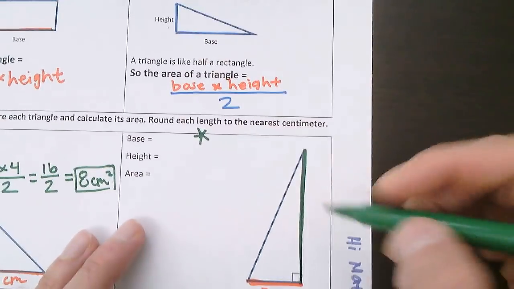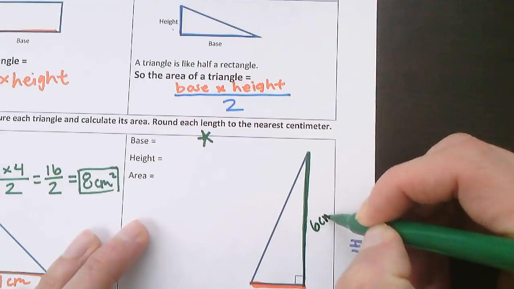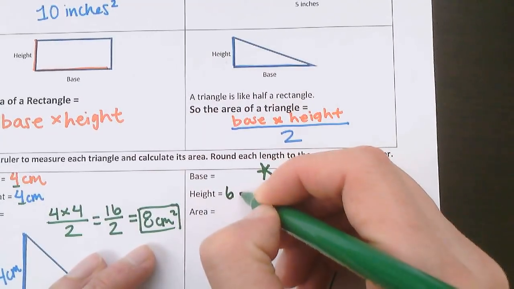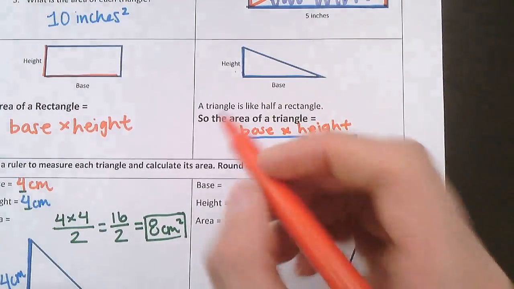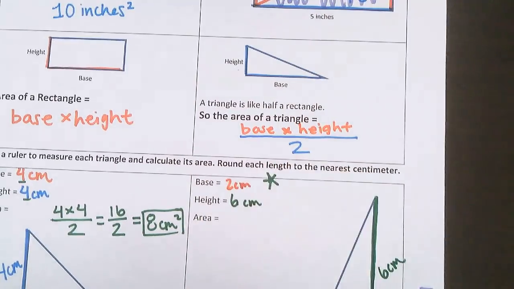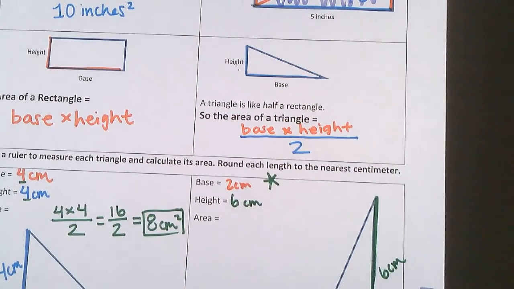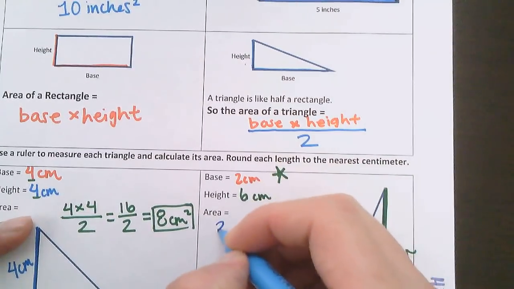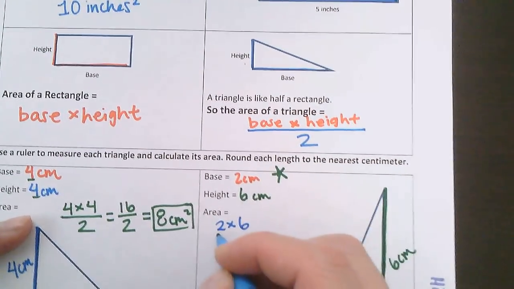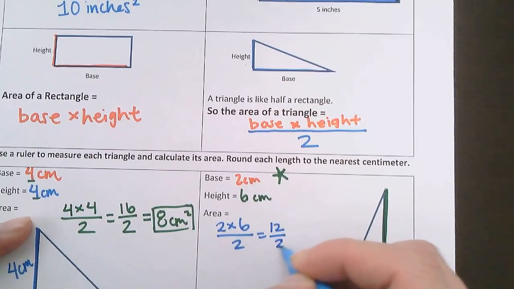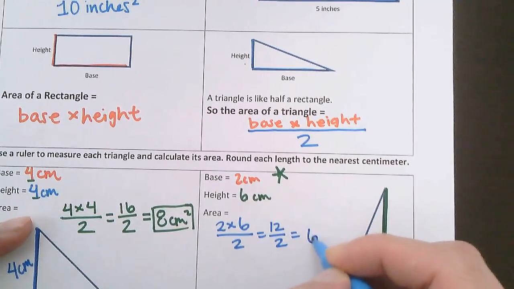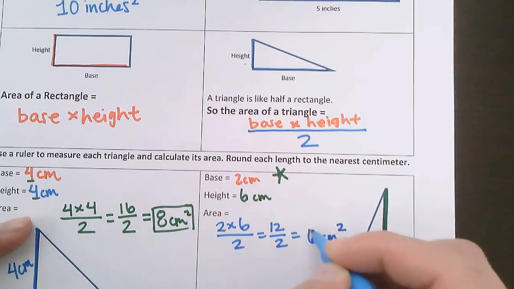That's going to be about 6 centimeters. Height, 6 centimeters. The base is 2 centimeters. Area is the base times the height divided by 2. 2 times 6 is 12 divided by 2. 12 divided by 2 is 6. So the area is 6 centimeters squared.